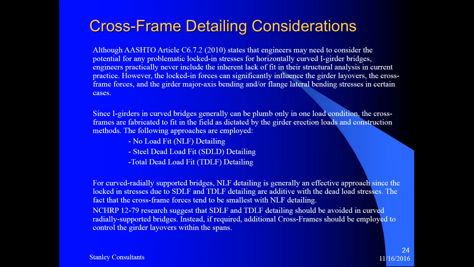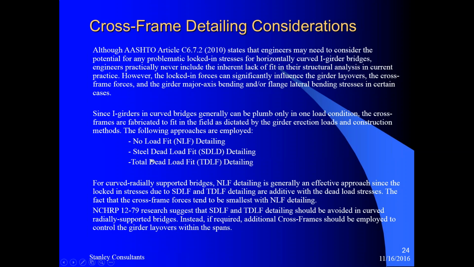The girder will be twisted during erection, and that twist sometimes is significant because your bearings have limited rotation capacity. So if it is twisted, then you exceed the capacity of your bearing. So to avoid that, you do detail it for the total load.